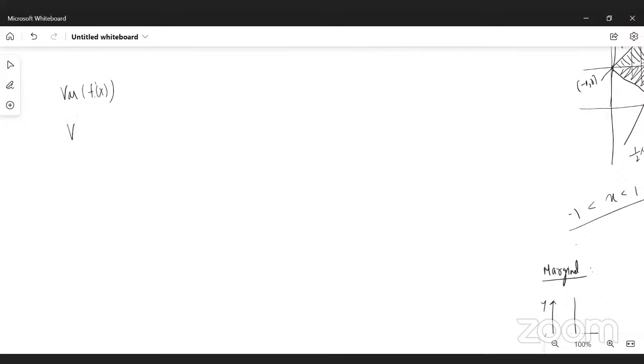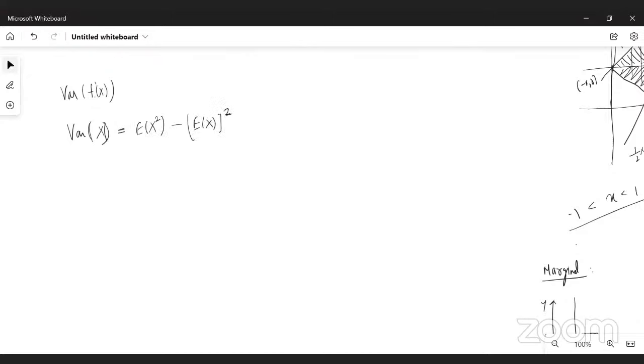If we have to find the variance of a function, what do we do? For variance of x, we calculate the expected value of x and the expected value of x square. So this is E[x square] minus E[x] whole square, right? Yes.